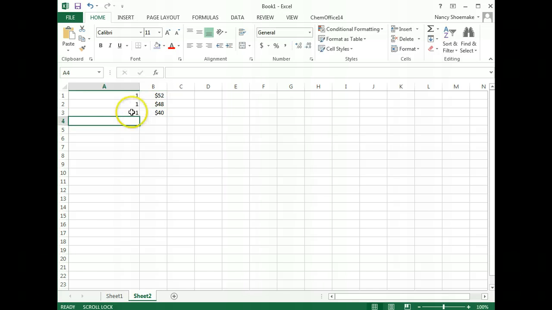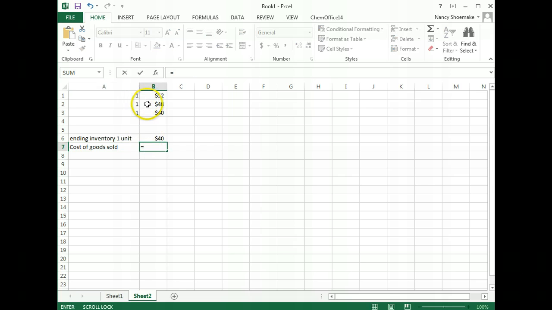So we are supposed to use FIFO, which means the first in is the first out, okay? So what would our ending inventory be if we had 1 unit available using FIFO? 40. What would our cost of goods sold be? 100.